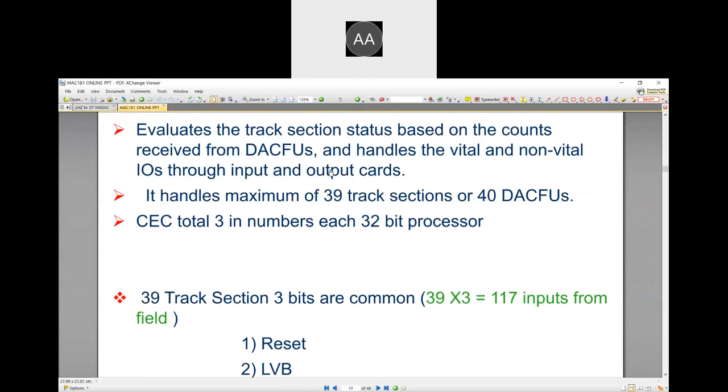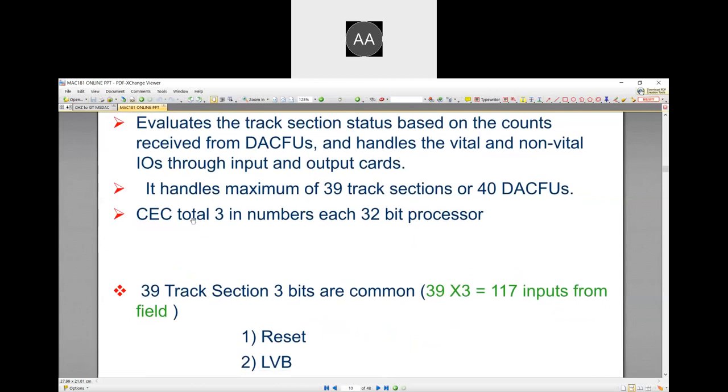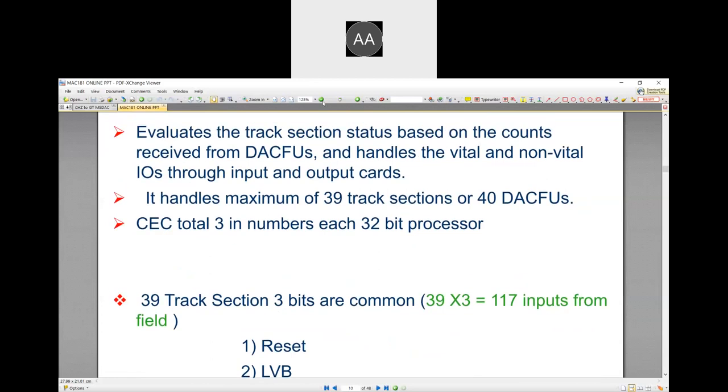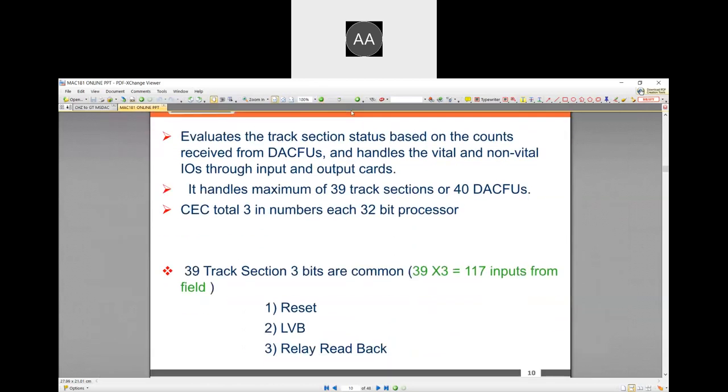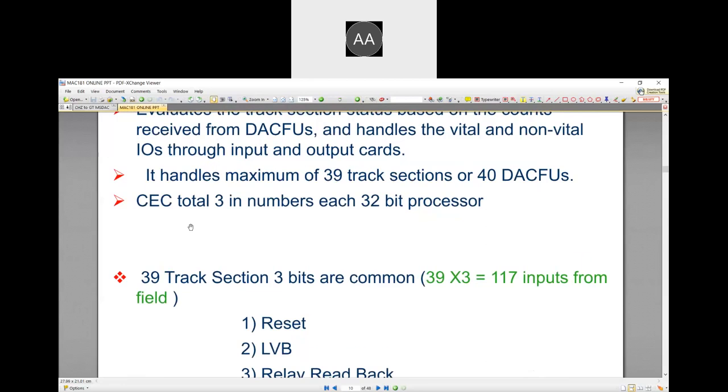The CEC is a 32-bit processor card, and as it works on a 2 out of 3 architecture, it consists of 3 processors, which are 32-bit.